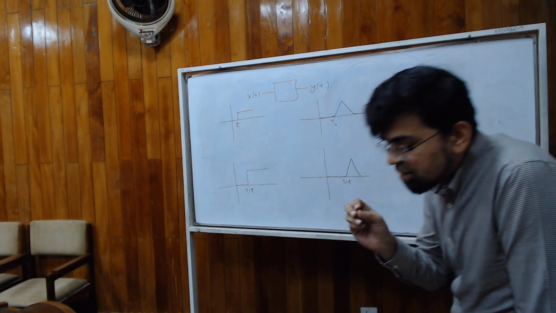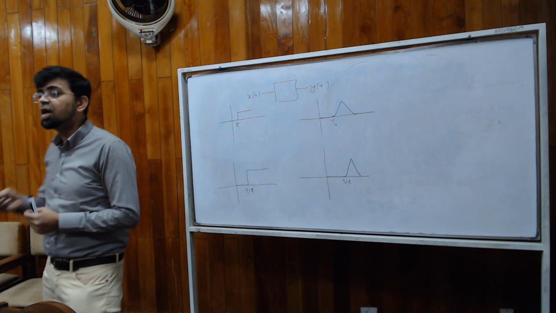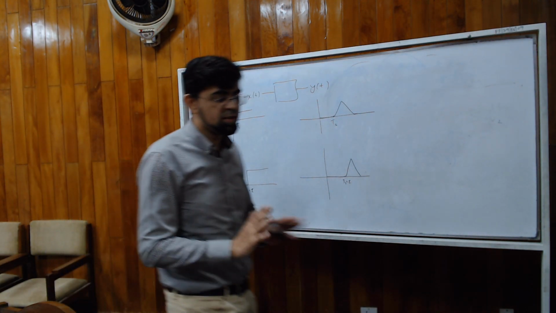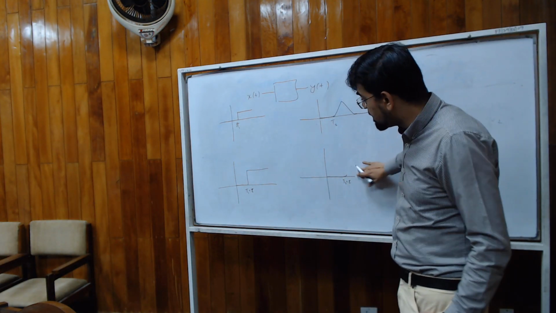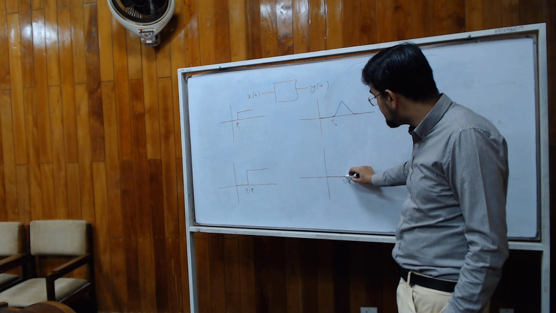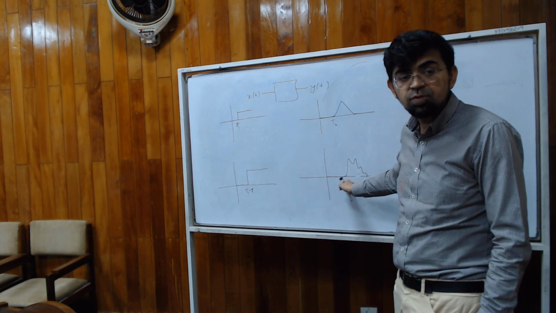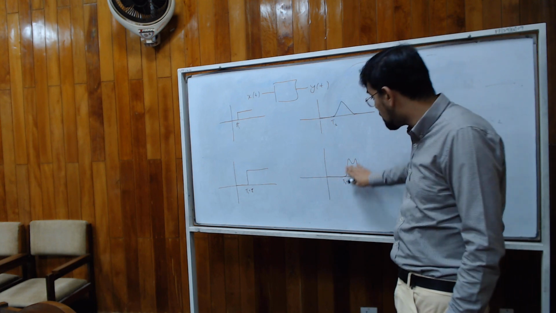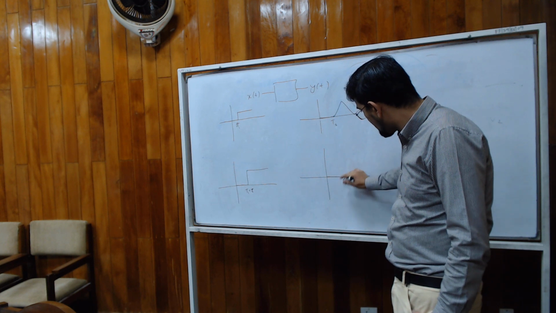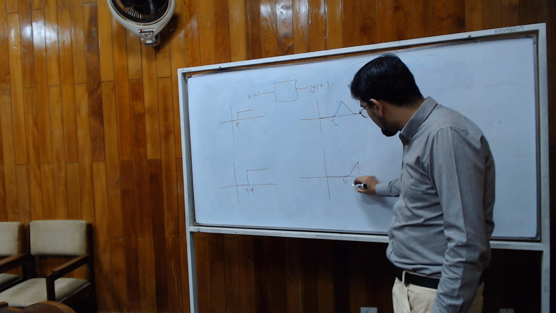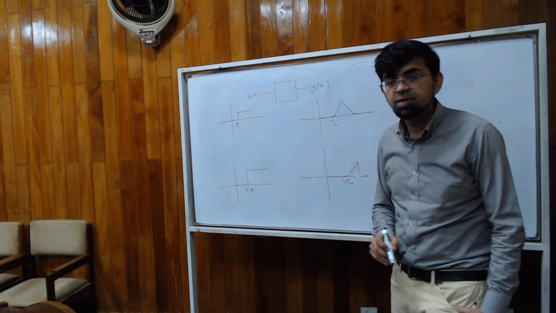So what is time invariant? The only change in the system that should happen is an equal amount of shift, nothing else. If a system is time varying and you just shift the input, its output may change its shape. This would be a time varying system, or its output may still look like a triangle but may not be t2 plus tau, maybe some other shift.